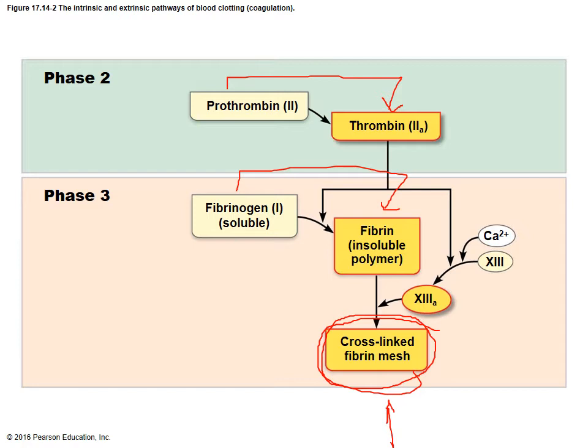Both will lead to factor 10. Factor 10 will allow prothrombin to activate thrombin, and thrombin will then allow the conversion of fibrinogen into fibrin. And from fibrin on, you can see that the clot will form. Also, side note, it requires even more calcium at this step as well.